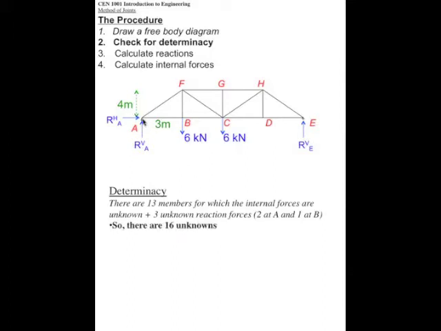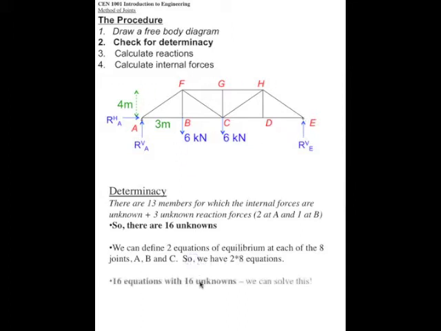We have 8 joints at which we can generate 2 equations, right? Summation of vertical forces and summation of horizontal forces. So we've got 2 equations times 8 joints. That's 16 equations, 16 unknowns. We can solve this. This is statically determinate.